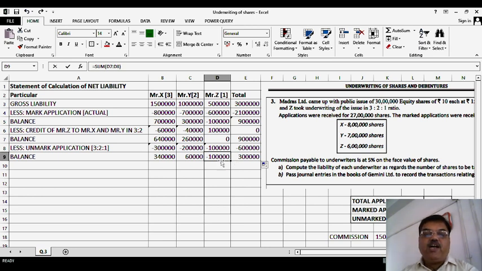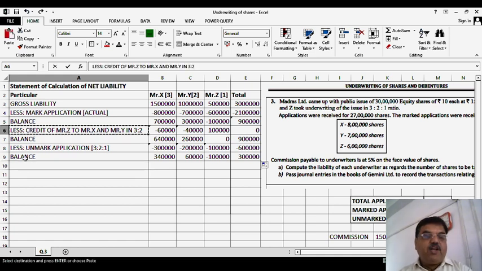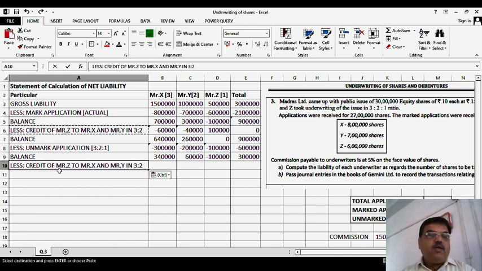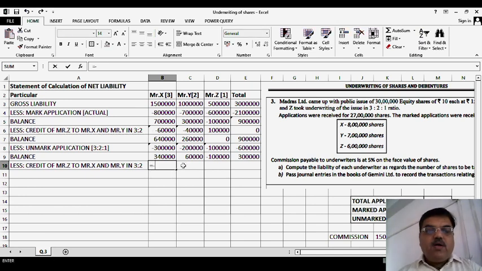So now what do we have to do with this 1 lakh? The same method we have to follow. Less credit of Mr. Z to Mr. X and Mr. Y in the ratio of 3 is to 2. So let us divide that now. 1 lakh divided by 5 multiply by 3, how much does it come to? 60,000.